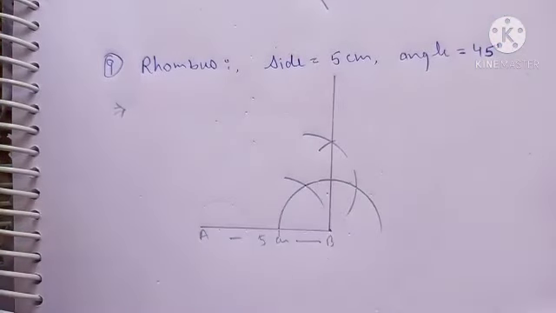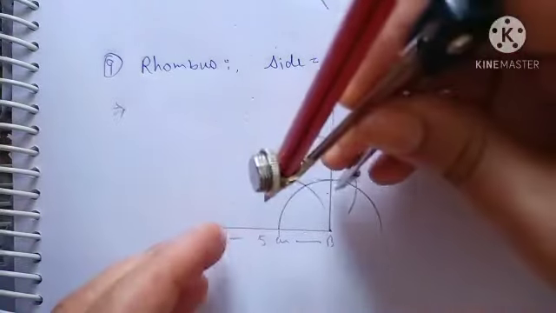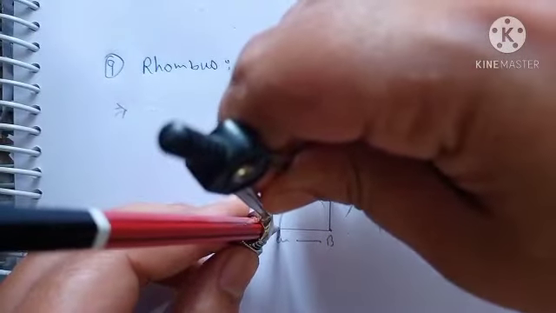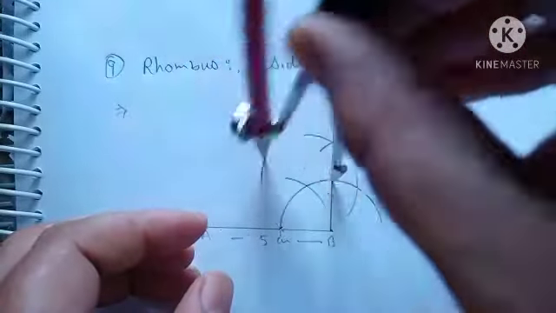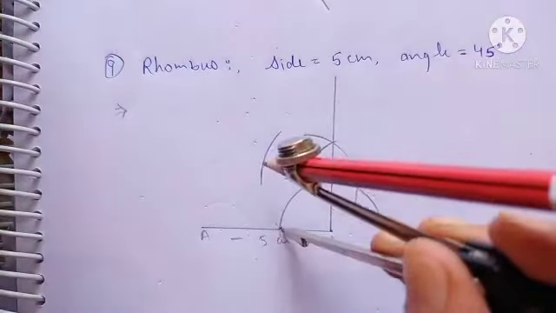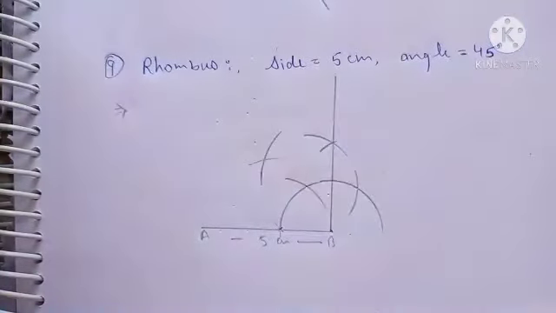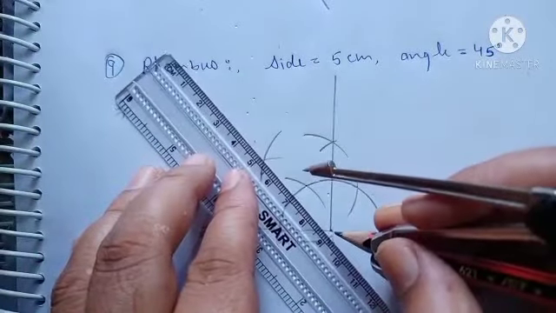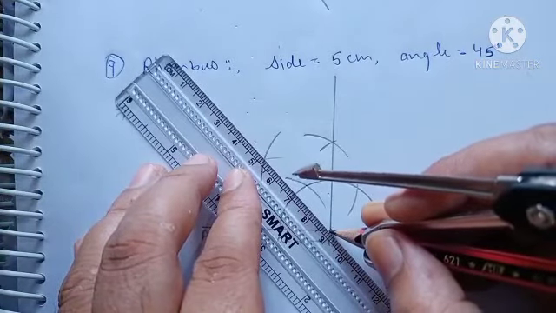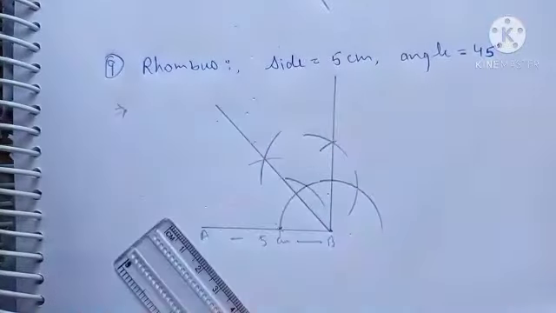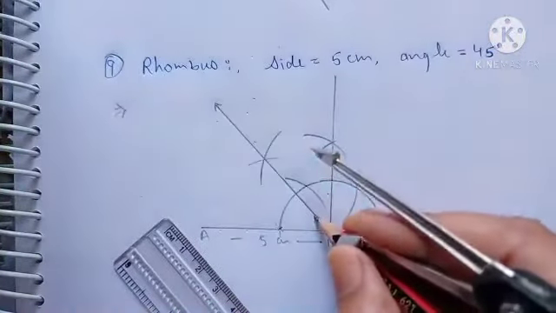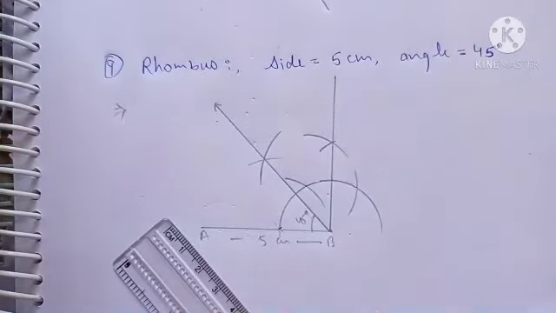Okay, now what we have to do, we have to draw half of 90 degree. Draw an arc and intersect it. Now join the point of intersection to B. So this is 45-degree angle.